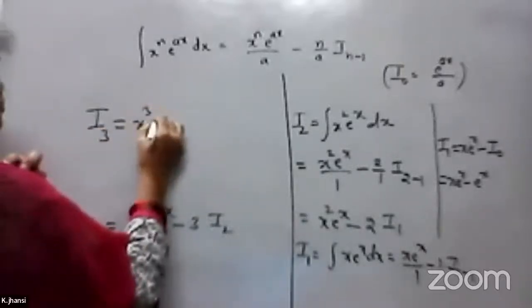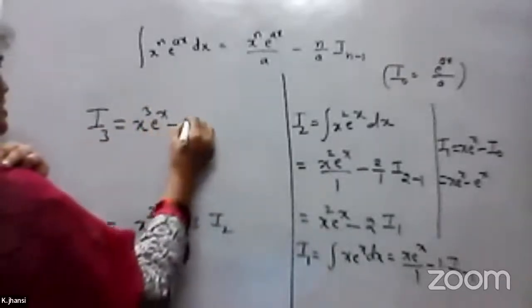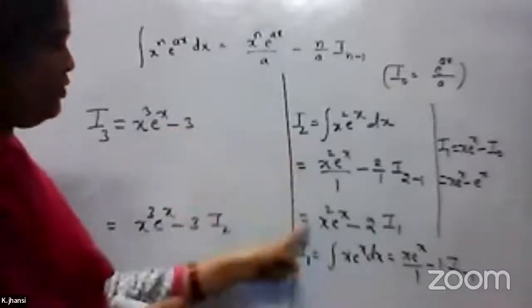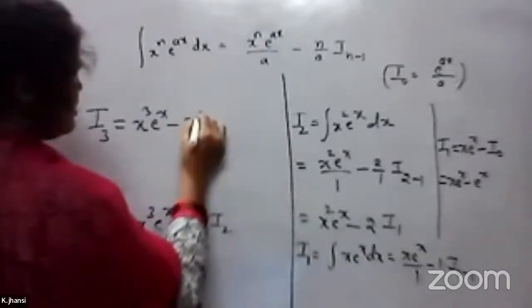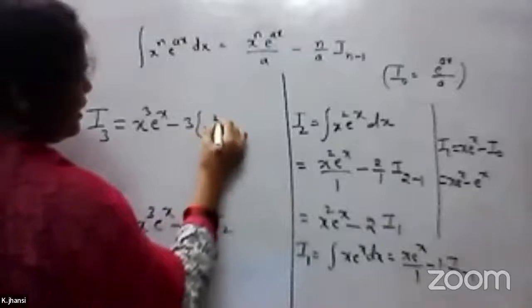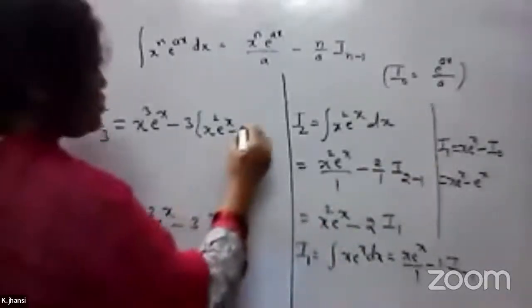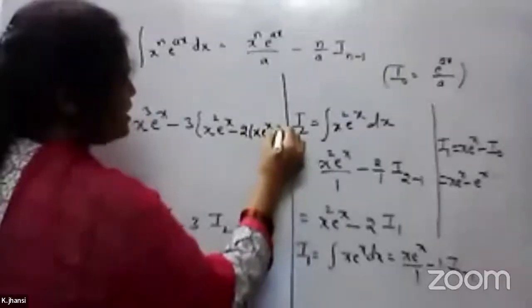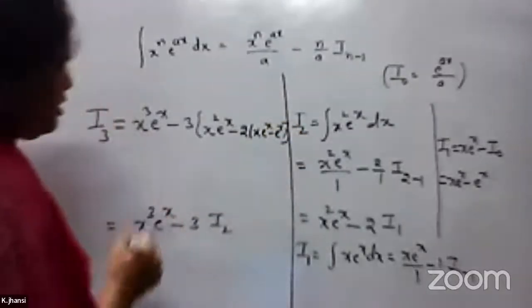So I3 is equal to x cube e to the power of x minus 3 into, what is I2? I2 is x square e to the power of x minus 2 into, what is I1? I1 is x e power x minus e power x. Okay.